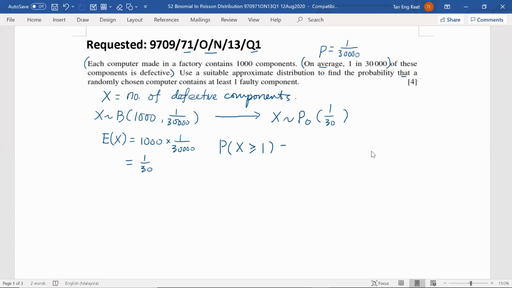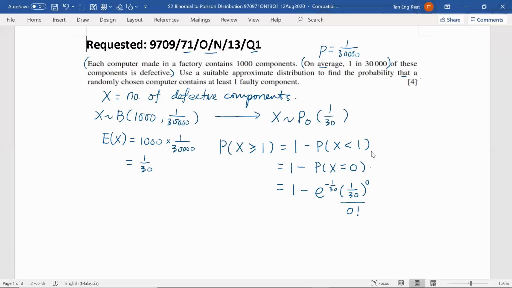To find the probability of this, we are going to take 1 minus the probability of x less than 1, which is x equals 0. So we are going to use the formula for the Poisson distribution, e to the power of negative the mean, multiplied by the mean to the power of 0, because x is equal to 0, divided by 0 factorial.